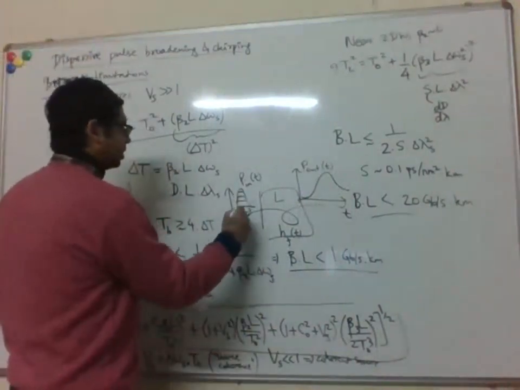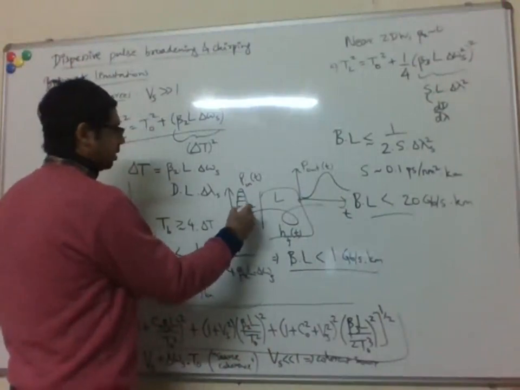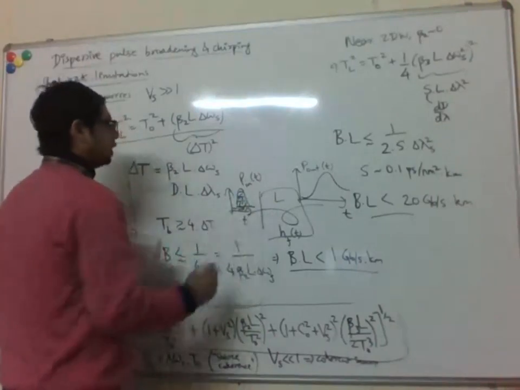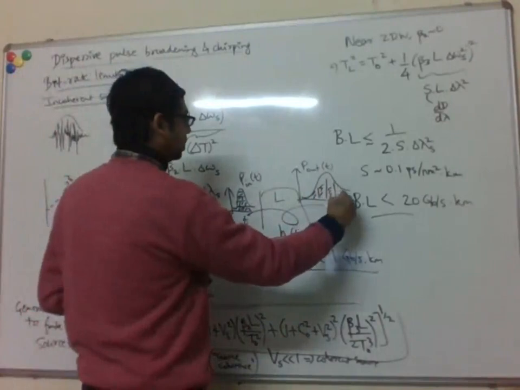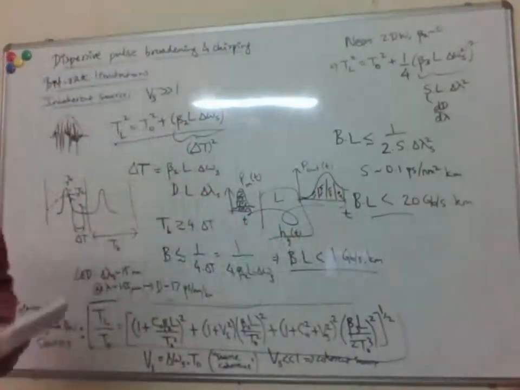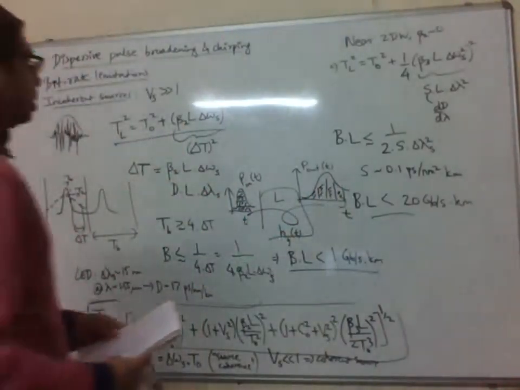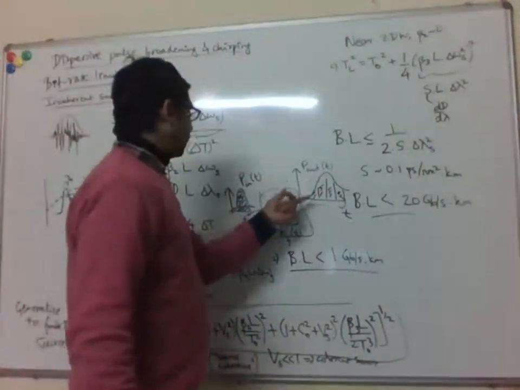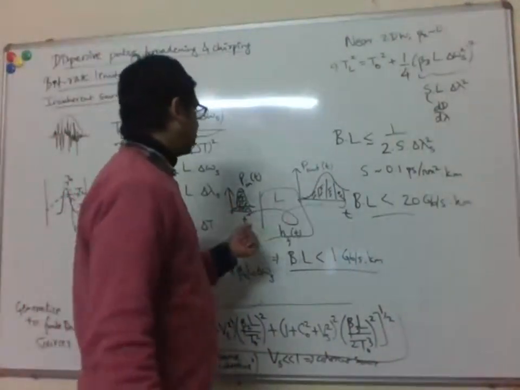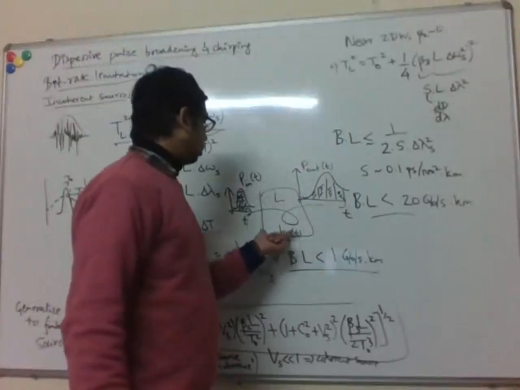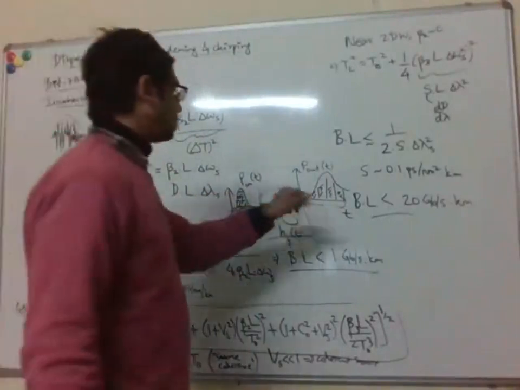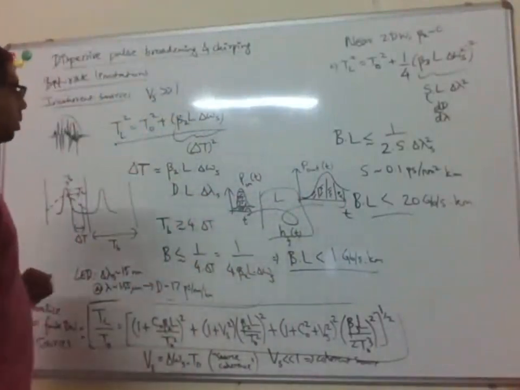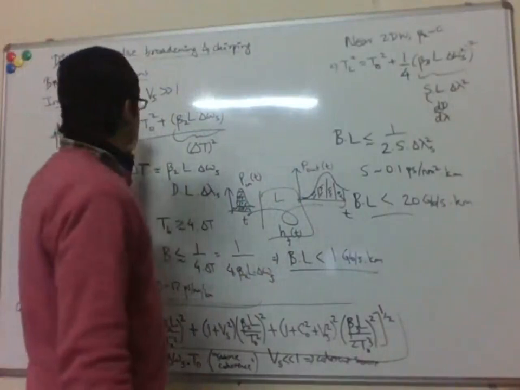You can section this: this part is carried by frequency components, some bandwidth omega 1, omega 2, omega 3, and they all travel at different speeds to arrive at different times. So this just looks like some delay, and you can treat this as a linear system and define some fiber transfer function. But you can only do this for incoherent sources.